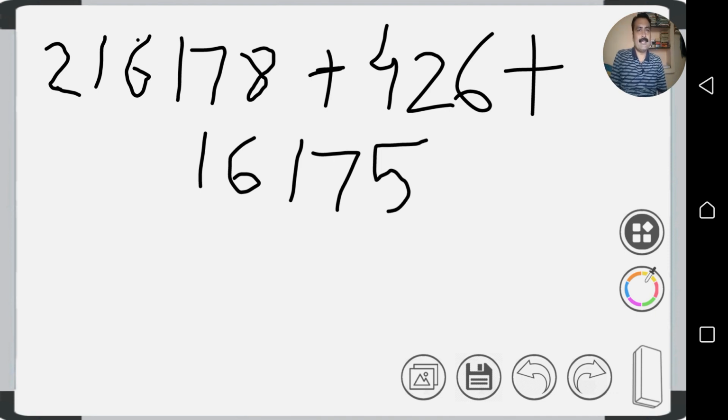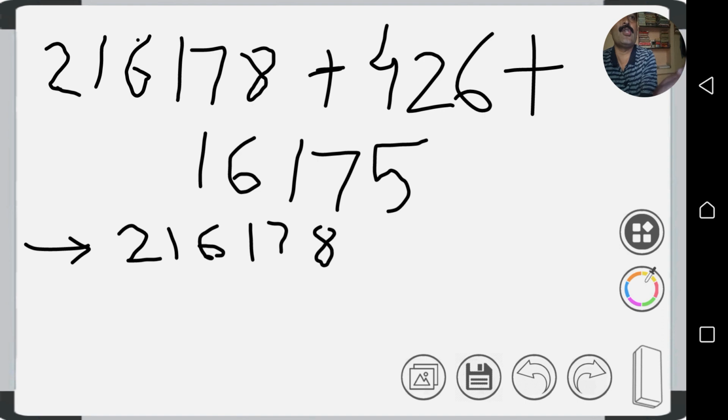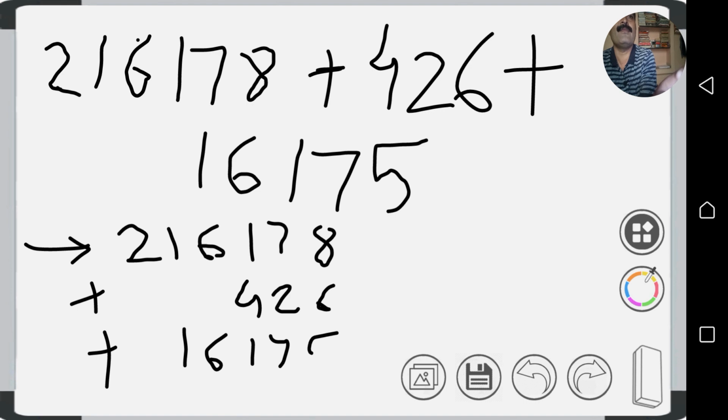So in this example, the first number is 2,16,178. Then take the plus sign. Second number, 426, plus the third number that we want to arrange, 16,175.